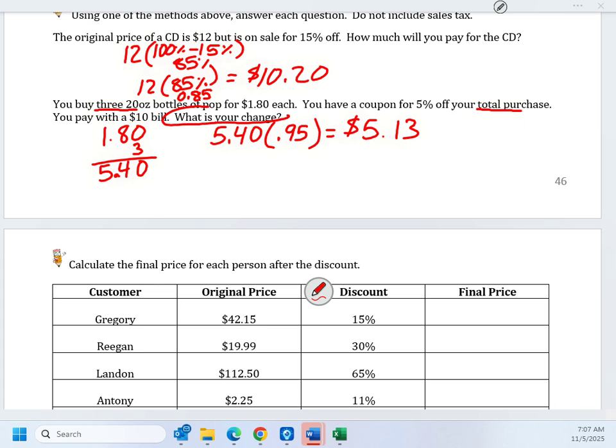Our question asks, what is your change if we pay with that $10 bill? So we always have to look at what our final question is to make sure that we are doing all the steps. So we're going to start off with that $10 bill that we pay with. We're going to subtract out that $5.13, and we get $4.87 in change.